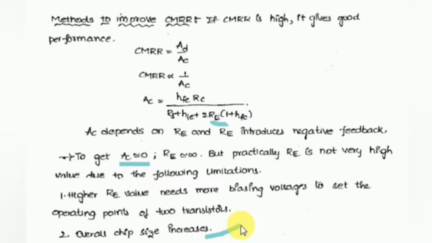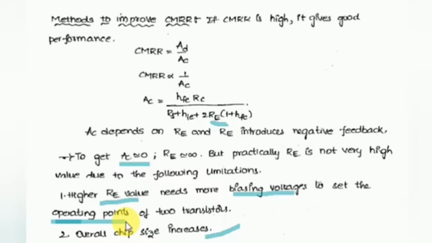And the second parameter is that a higher RE value needs more biasing voltage to set the operating points of the two transistors. We know that from the DC analysis we derived how the operating point is obtained, and that equation itself depends on the resistance value RE.